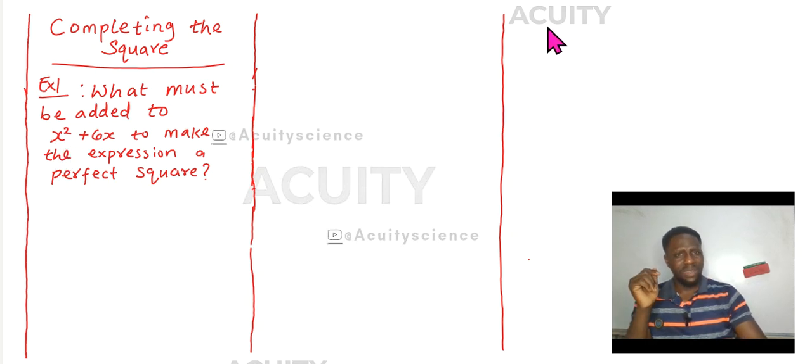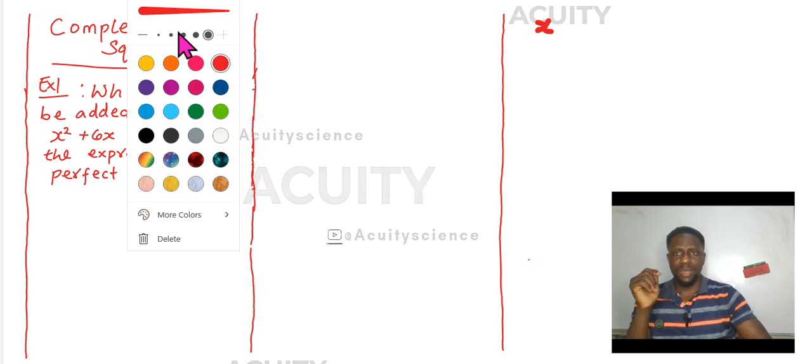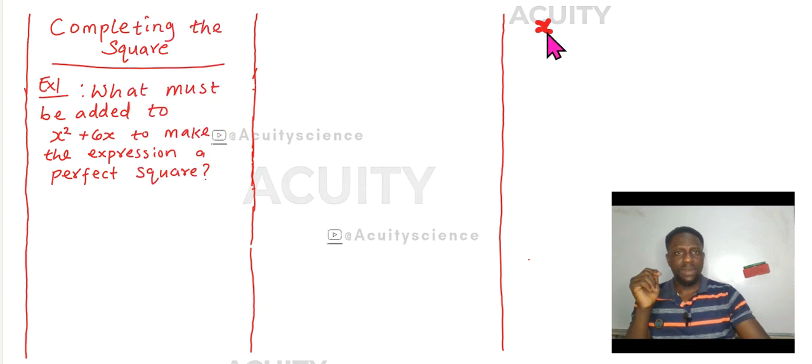Okay, think of x plus 4. All right, we square that. If we open this, we have x plus 4 times x plus 4.